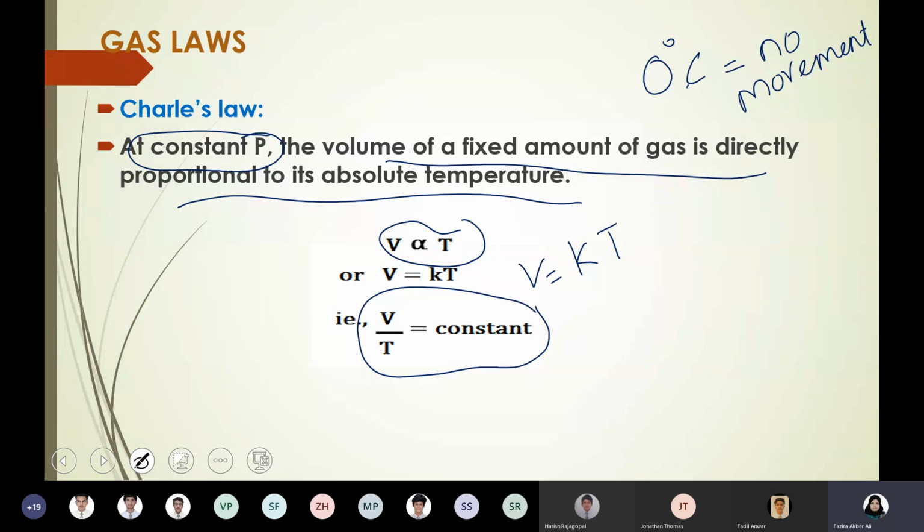So that means the temperature scale we are using, degree Celsius, does not completely satisfy the definition. So we need a different system where 0 is equal to no movement.